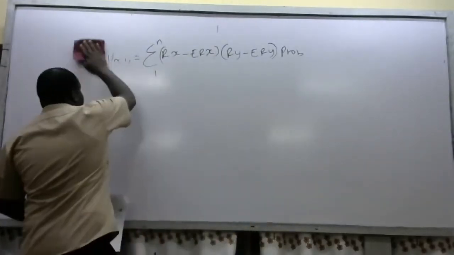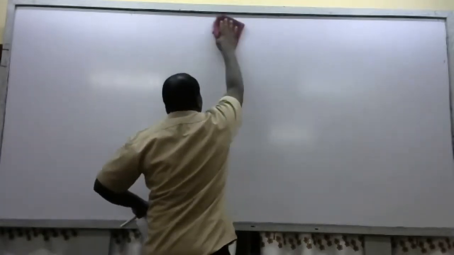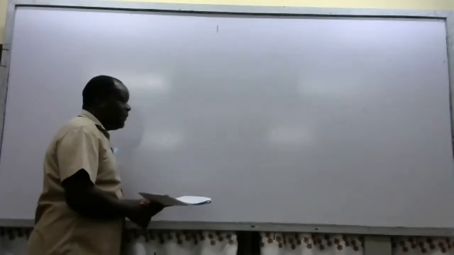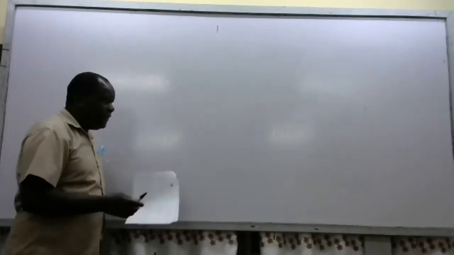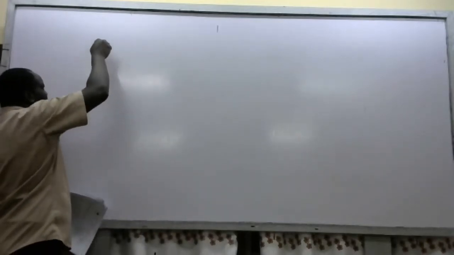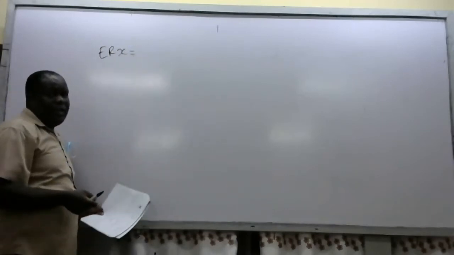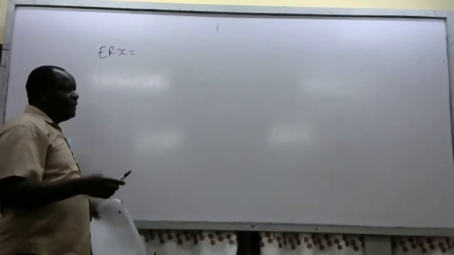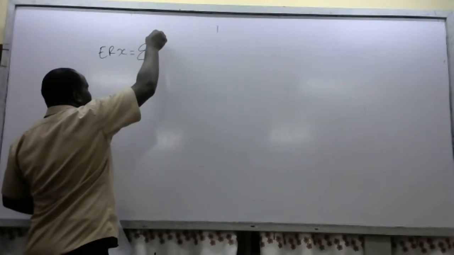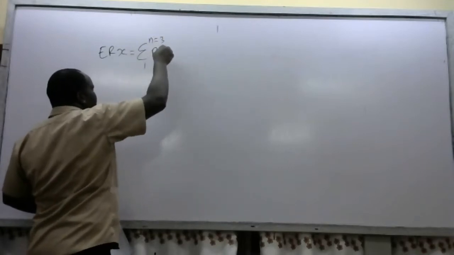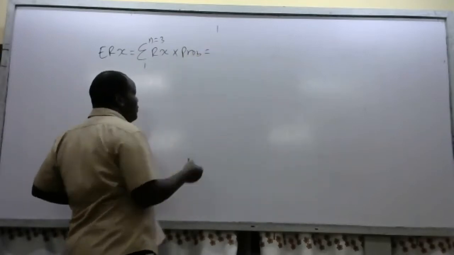To get the expected return of the portfolio, we need to calculate the expected return for each. We start with X. We compute the expected return of security X: the summation, from the first observation, there were 3 of them, of returns of X multiplied by the probability for each.